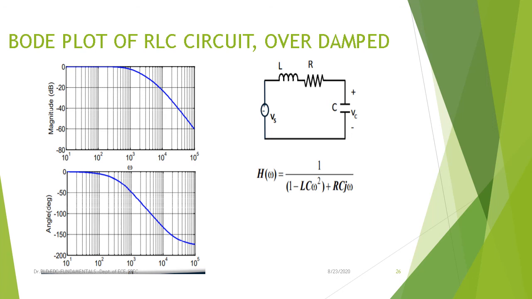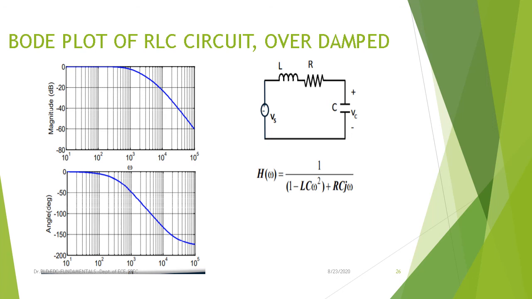Coming to the Bode plot of the RLC circuit, like a second order equation. A first order equation consists of only one reactive component. A second order equation consists of two reactive components, a capacitor as well as an inductor. In this case, we already came across the transfer function: H of omega is equal to 1 by 1 minus omega square LC plus j omega RC.